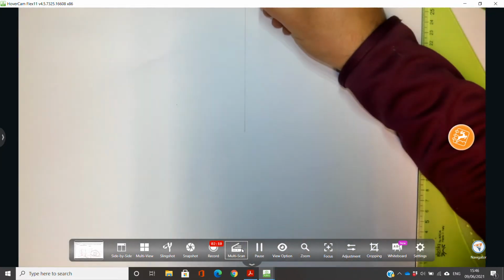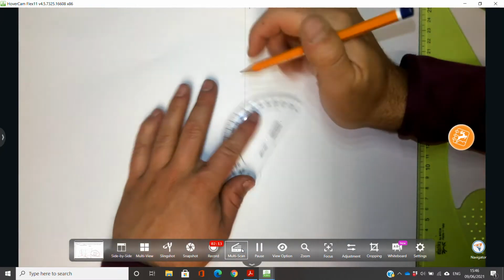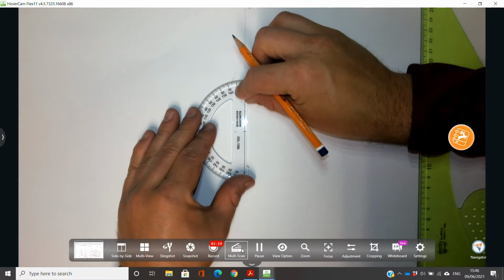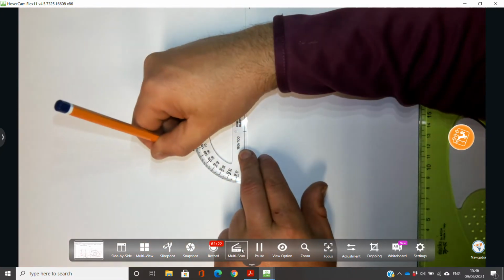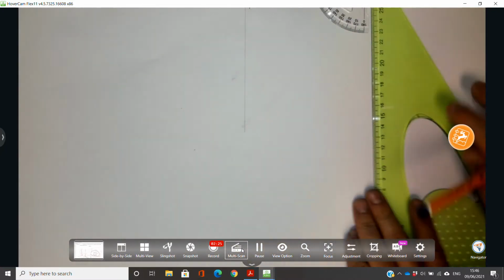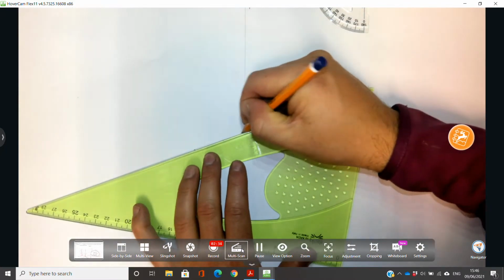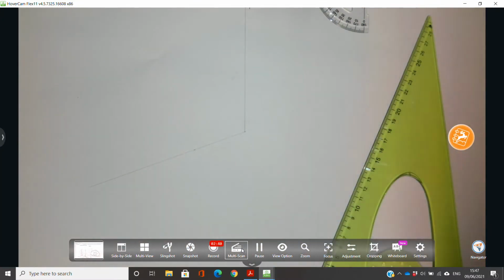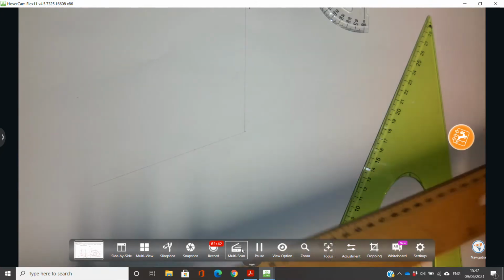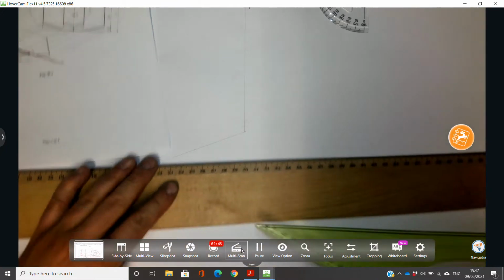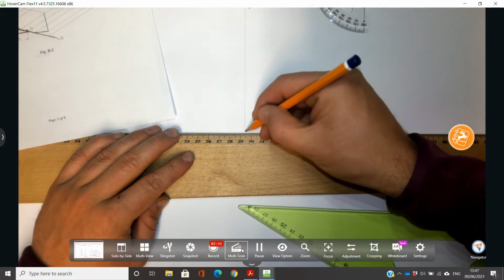So I draw in my y-axis, take my protractor, and measure in my 110 degrees. Now, point B in the triangle is over 40 from the y-axis, and point A is over 50 from the y-axis.